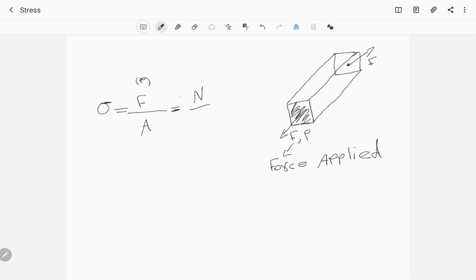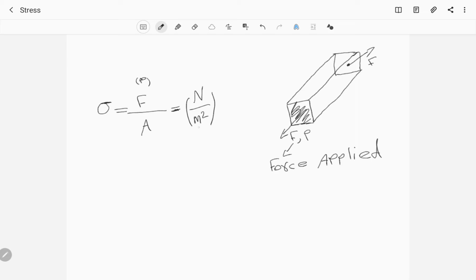This is for the force. It's just a tip: make sure to change it into Newtons, not kilonewton, not meganewton, when you use it in the formula. And for the area, it must be in meter squared.